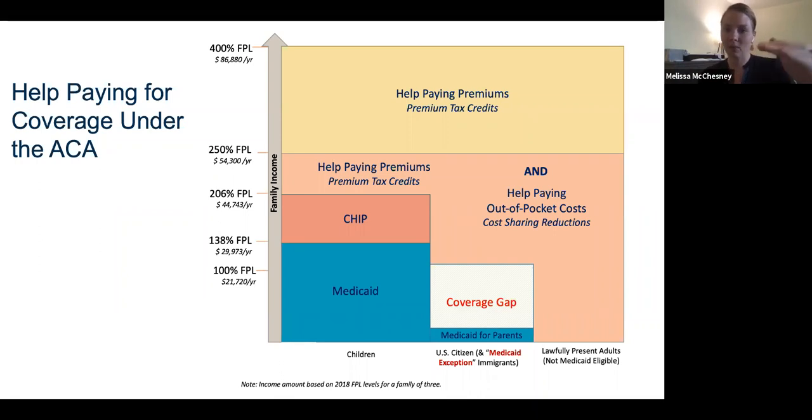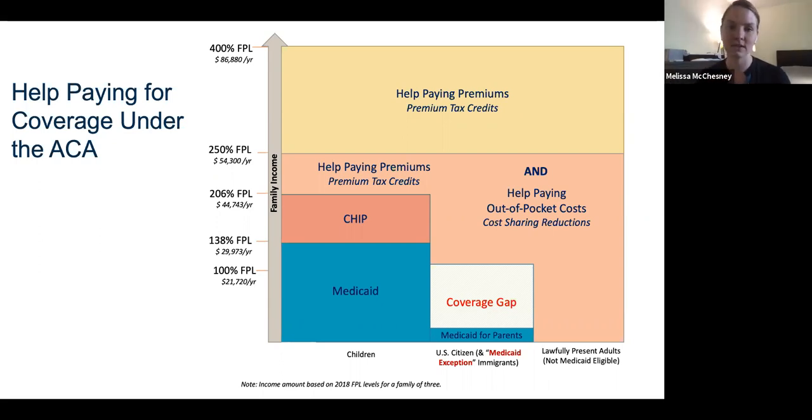These are sort of ugly colors, sorry. That's the theme in my template. But that yellow at the top is just straight up help paying for premiums. Anybody between 250 and 400% of the poverty level just gets help paying for premiums. And the closer you get to that top, the less assistance you get, it's a sliding scale.